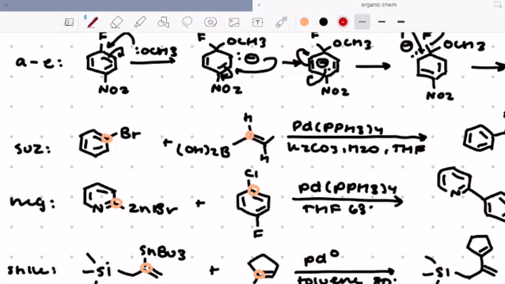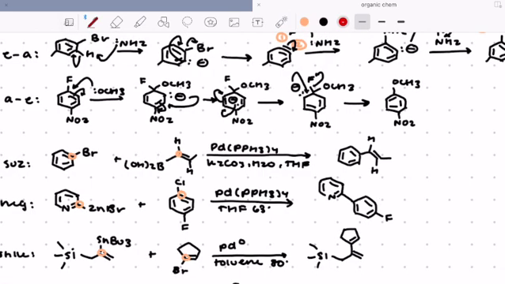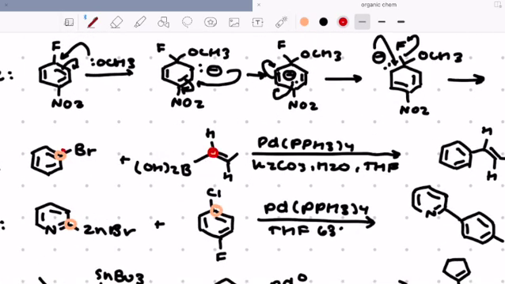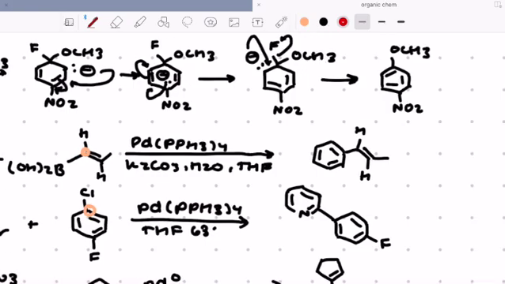As you can see, I've circled the carbons on which they couple. This bromine dissociates from the compound, and so does this molecule right here. And due to coupling on these specific places, you're going to end up with this compound right here.